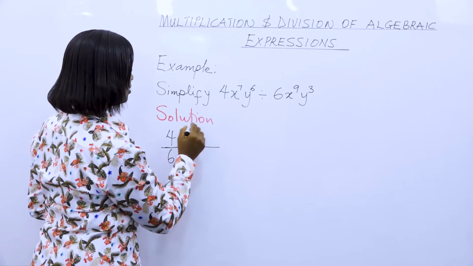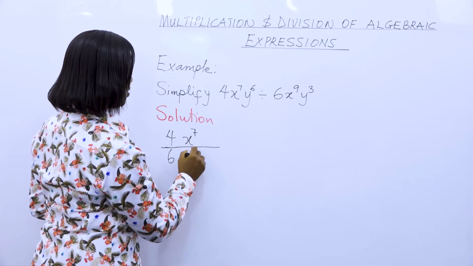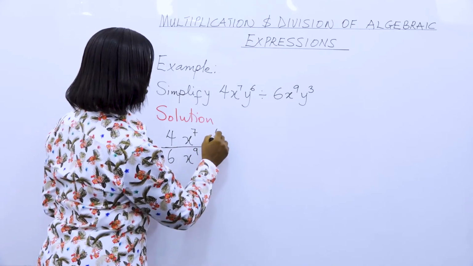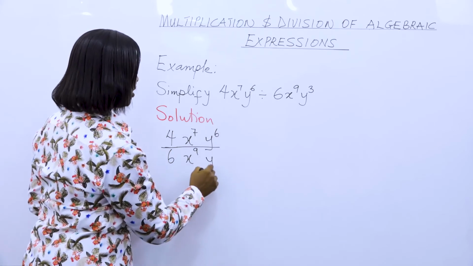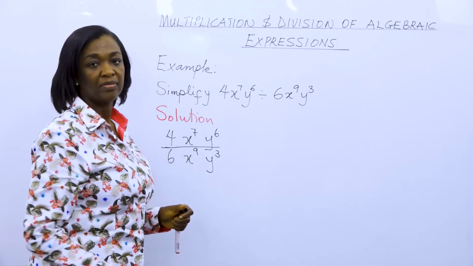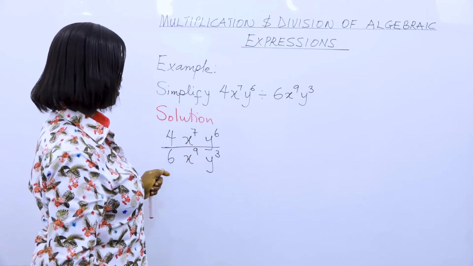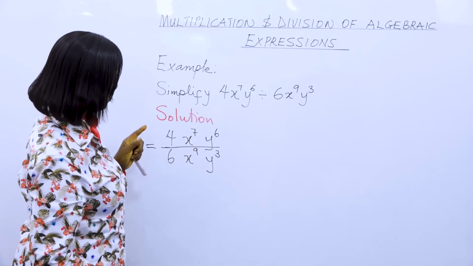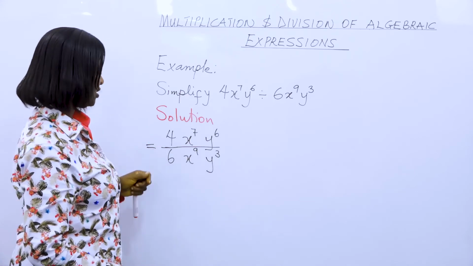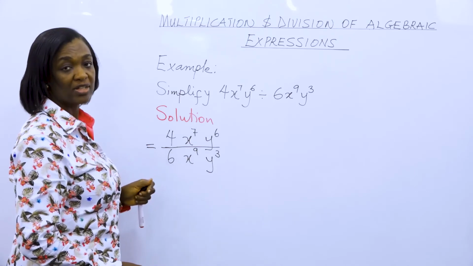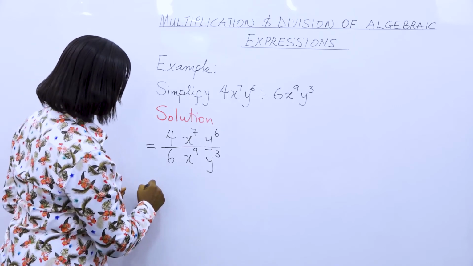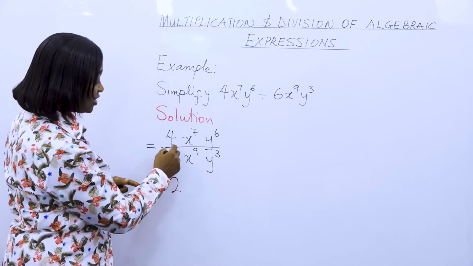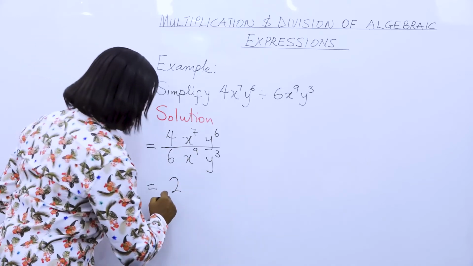X to the power 7, x to the power 9, and we have y to the power 6 and y to the power 3. Try to pay attention. So here, we're dividing 4 by 6, and 2 is a common factor. So if I divide 4 by 2, I'll have 2. And if I divide 6 by 2, I'll be left with 3.